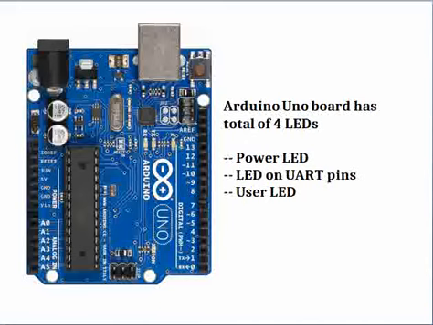Then, if you see the Arduino Uno board, it has basically 4 LEDs. The 2 LEDs that you see here are for the serial port, which is basically the UART, where once there is data, whether it's TX or RX, the specific LED glows.